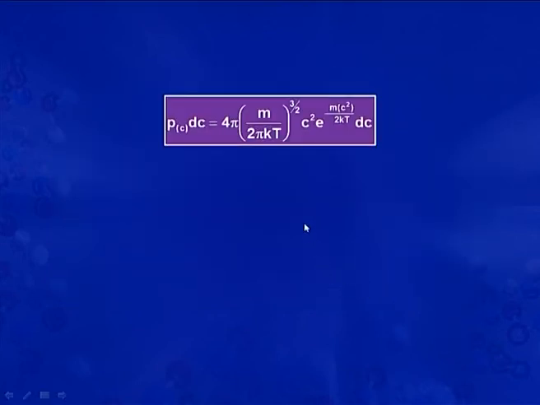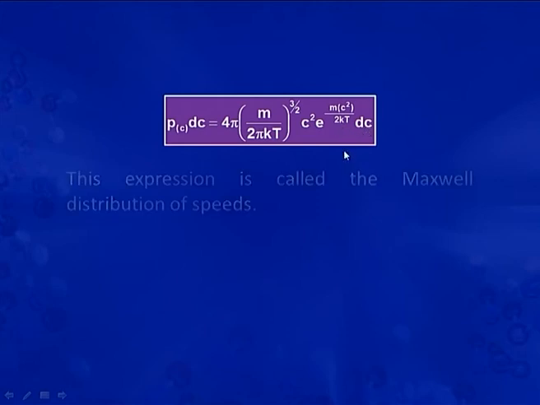Now, the equation is P(c) dc is equal to 4 pi (m by 2 pi kT) to the power 3 by 2 into c square e to the power minus m c square by 2kT into dc.